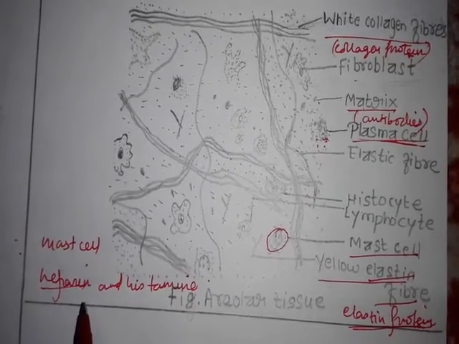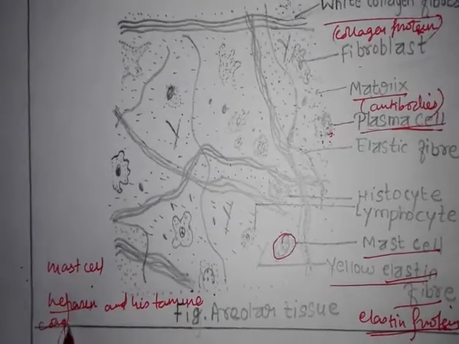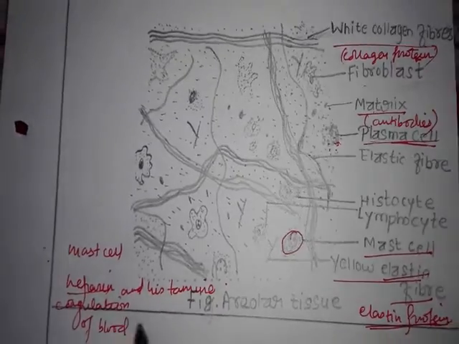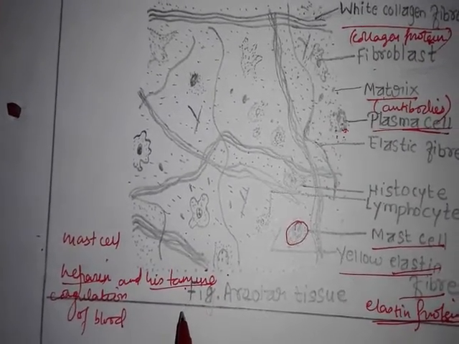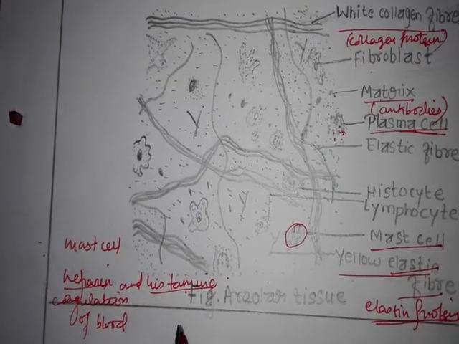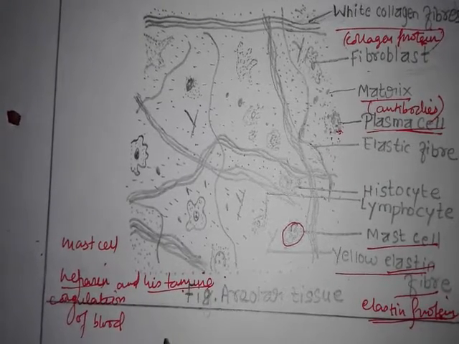Simply, it prevents the coagulation of blood or clotting of blood. Next is histamine, whose function is the cause of inflammation. It causes inflammation.